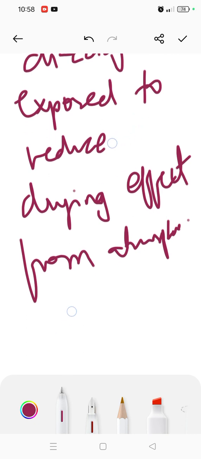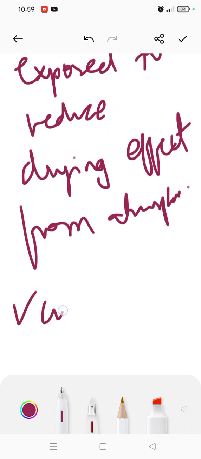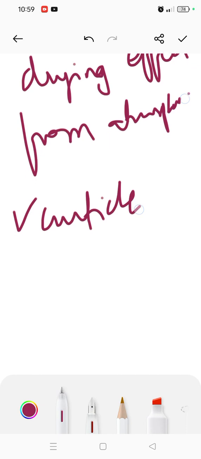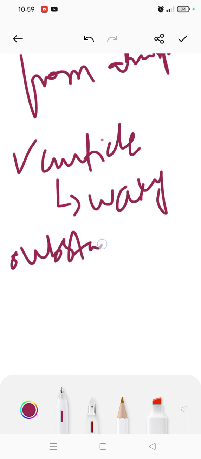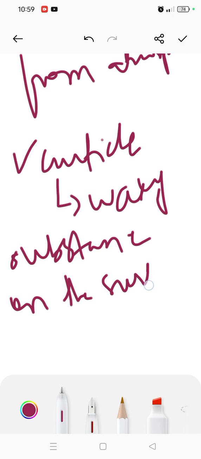You will also see they have a cuticle. Cuticle is simply a waxy substance on the surface of the leaf, which helps prevent loss of water.